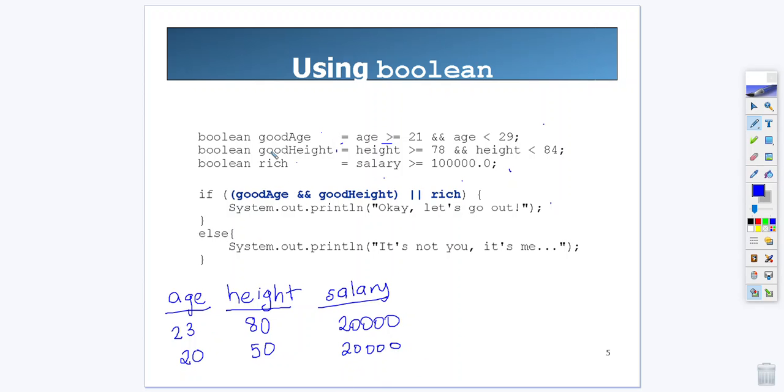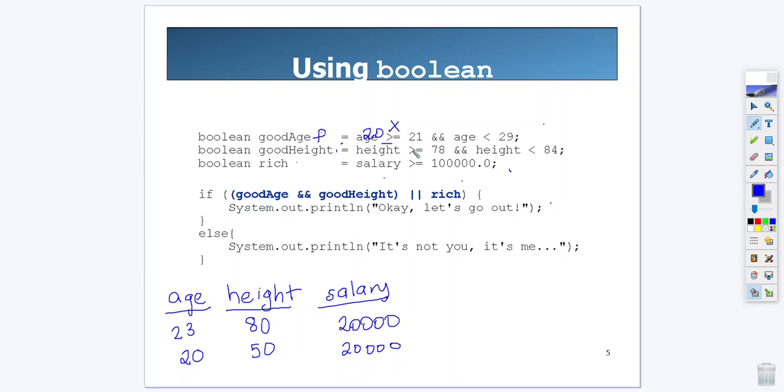All right, so here I'm a good age if I'm greater than 21 and less than 29. Right here, 20 greater than or equal to 21 fails. So because both conditions have to be true, I can stop right now. What happens is something called short circuit evaluation. When you have an and, if your first condition is false, it's not going to keep checking your second condition because it already knows the final answer. So this is going to be false.